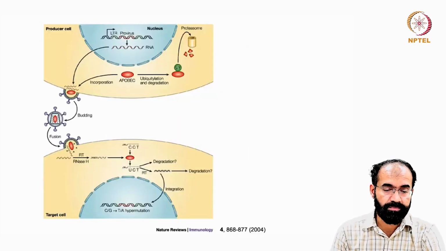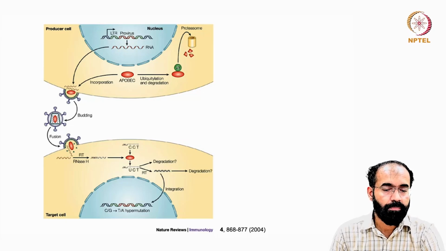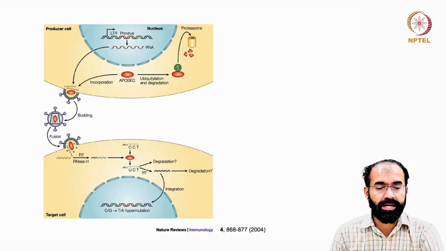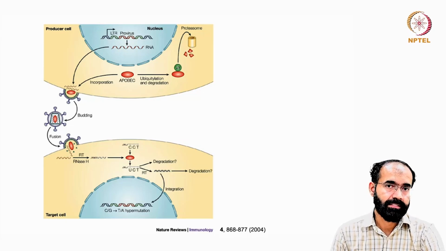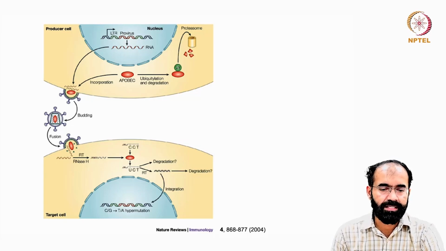Now coming back to the virus, what happens is in a producer cell, usually the virus gets integrated. Because HIV is an RNA virus, it converts itself into DNA and integrates into the genome of the host, and that is why we call it a retrovirus, and it is staying in the genome, we call it a provirus.